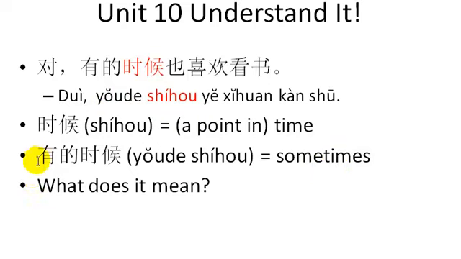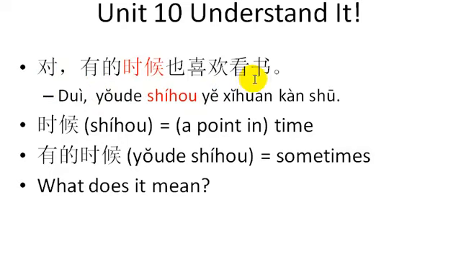有的时候, 有的时候, sometimes. So now you should be able to handle this sentence. 对. She was just asked by 高文中, 你也喜欢看书, 对不对? You also like to read books, right? And so she responds, 对. 有的时候也喜欢看书.